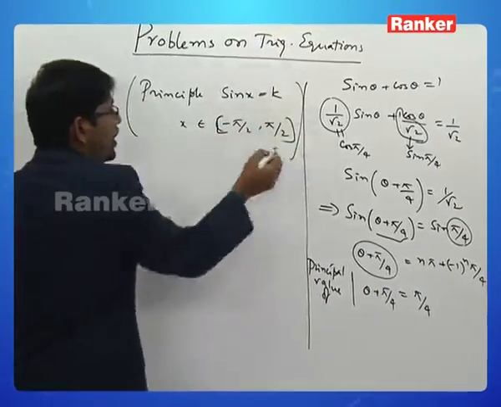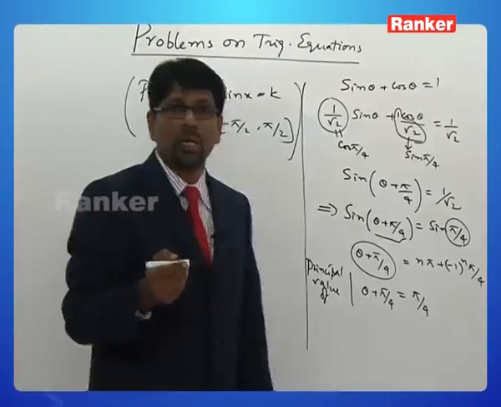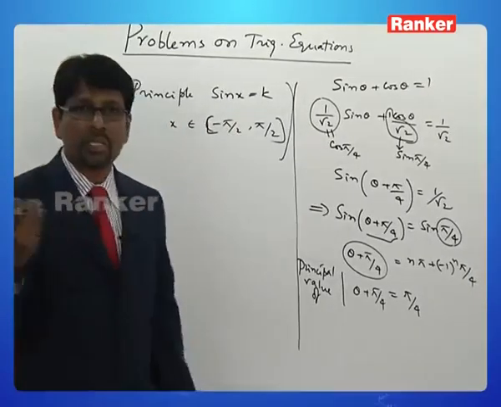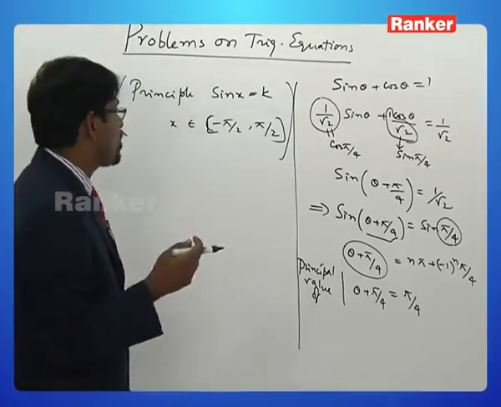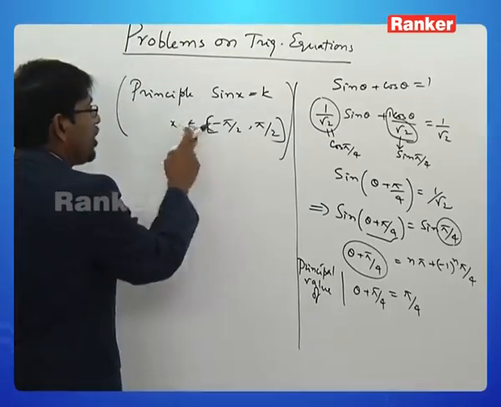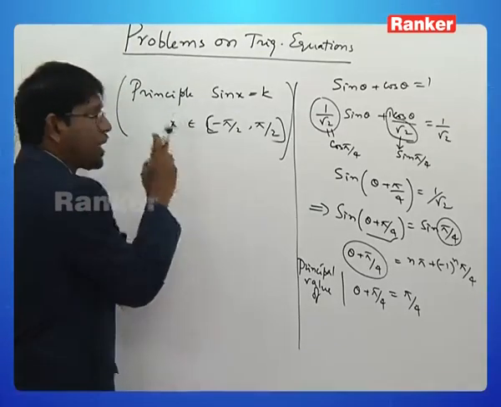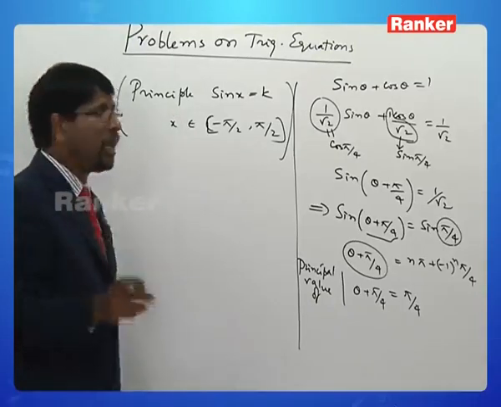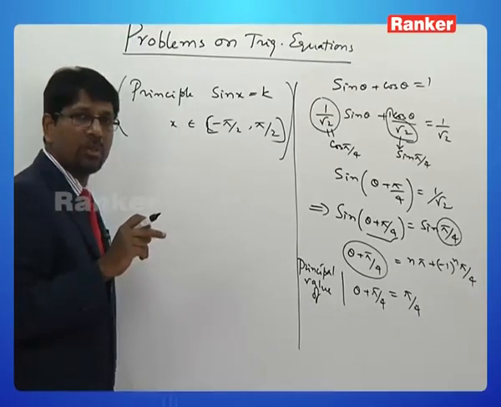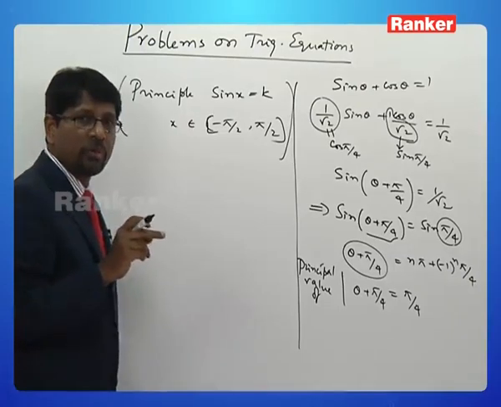So when I am solving the equation sin x equal to k, what is that value? It has a general solution. What is the general solution? There will be a unique value of x for which sin x is equal to k in the interval minus pi by 2 to pi by 2.